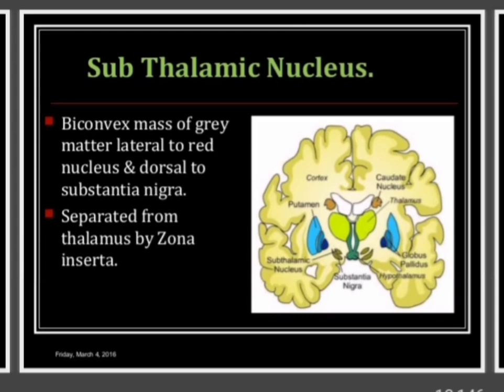Subthalamic nucleus is also a part of this basal ganglia, a biconvex mass of gray matter lateral to the red nucleus and dorsal to substantia nigra, separated from the thalamus by the zona incerta.